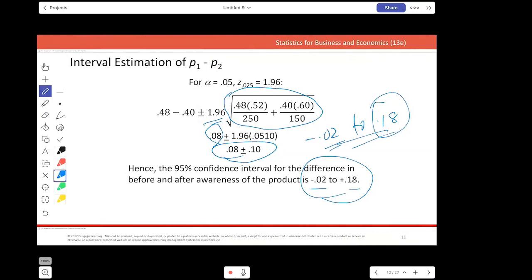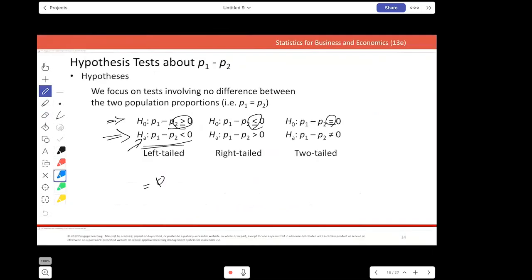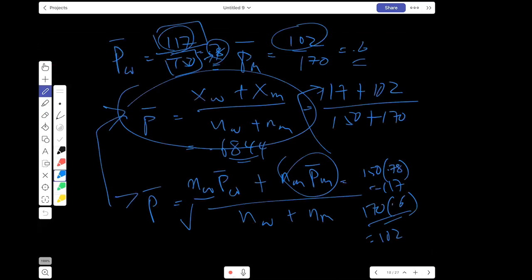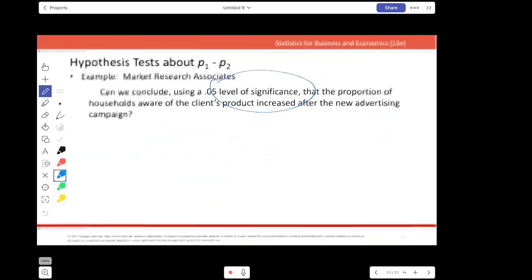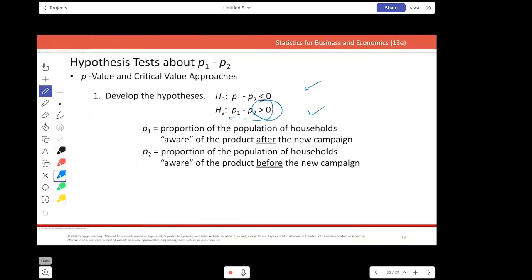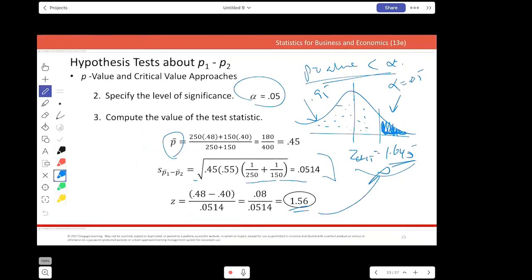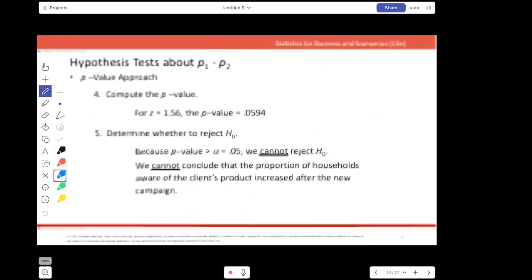That was such that we could not conclude the campaign was successful. Well, it just turns out that the hypothesis test is actually telling us the same thing. So because our test statistic is smaller than 1.645, we will not have enough evidence.